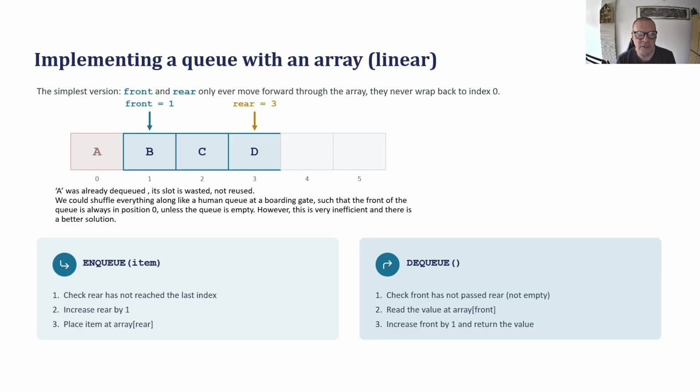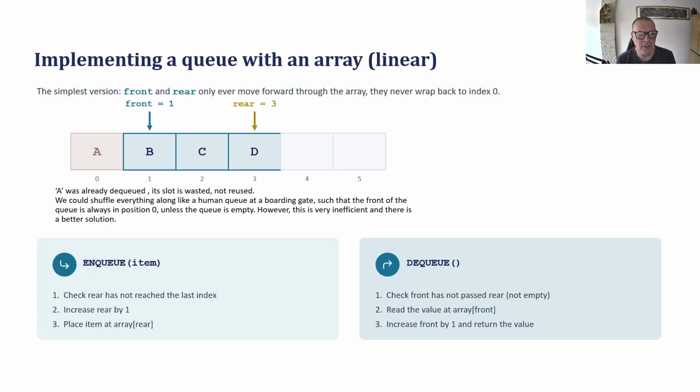And then the opposite for dequeue, you check the front has not passed the rear. If you were to get say a front of 4 and a rear of 3, that means there's nothing in the queue. You've dequeued everything, and then you realize that there's nothing left in the queue. If it's not empty, you can read the value at the front, and then increase the front by 1, so you move it along.